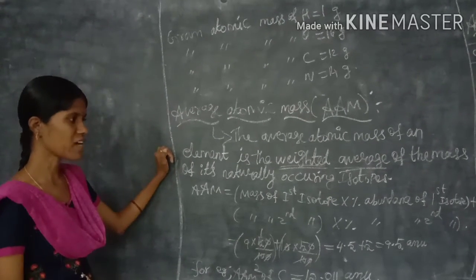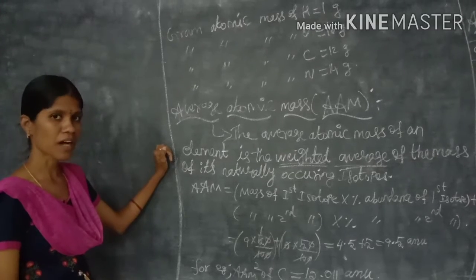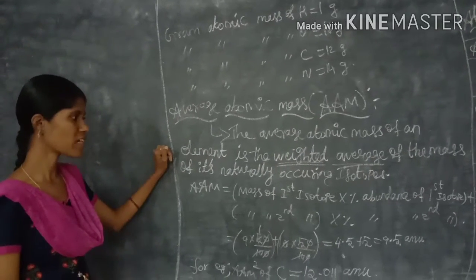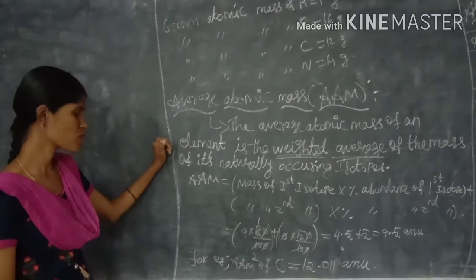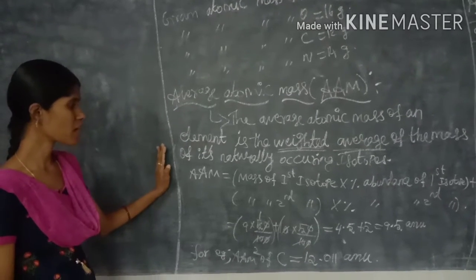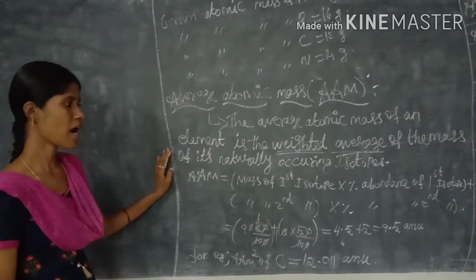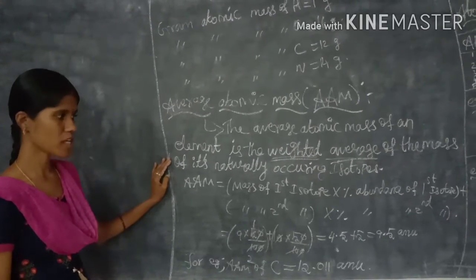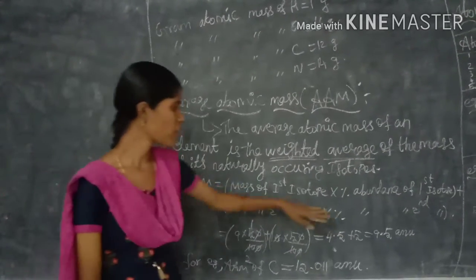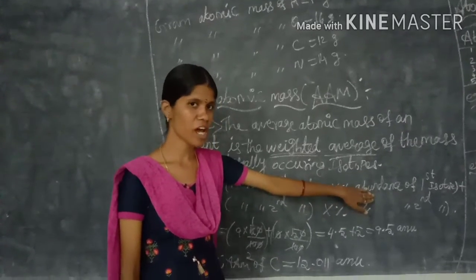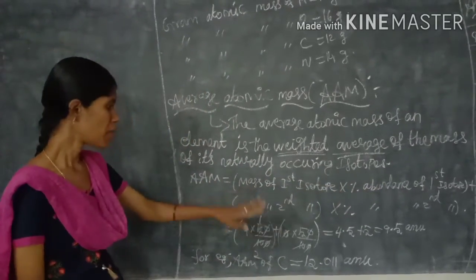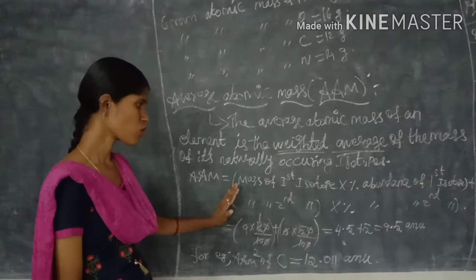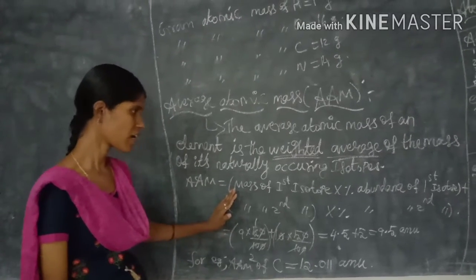The formula for AAM is the mass of the first isotope times the percentage abundance of the first isotope, which depends on the availability of the isotopes, plus the mass of the second isotope times the percentage abundance of the second isotope.